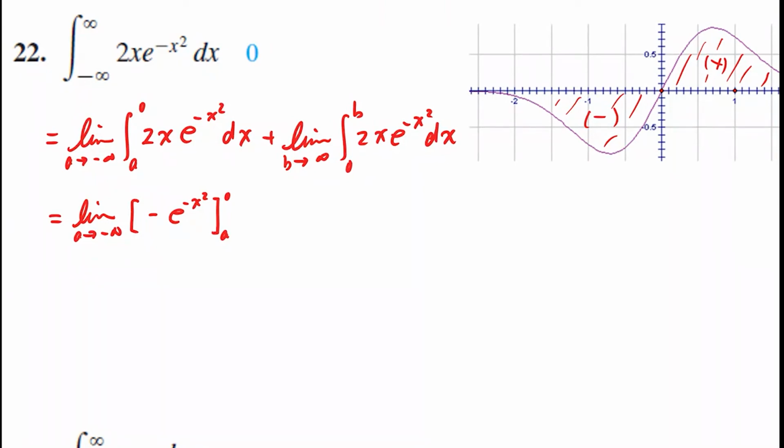If you do u-sub, wouldn't the exponent be u instead of negative x squared? Well, that depends. You can look at this as u, and then when you take the antiderivative, you pick up a negative sign, or you can look at all of that as u and then adjust it with a negative sign. Both ways actually work. But one thing you should do when you do this in your head is take a derivative and see if you get that back.